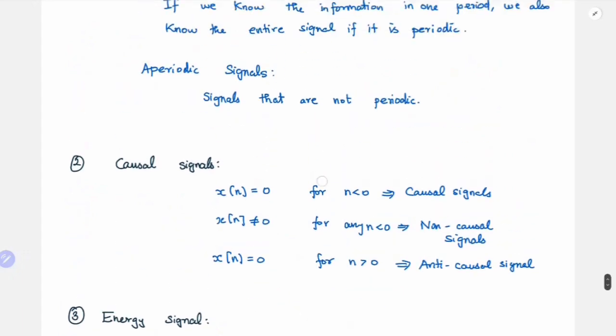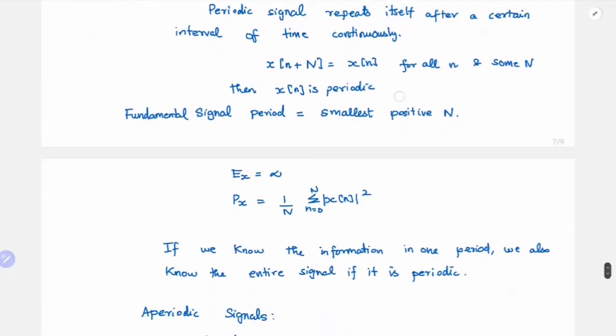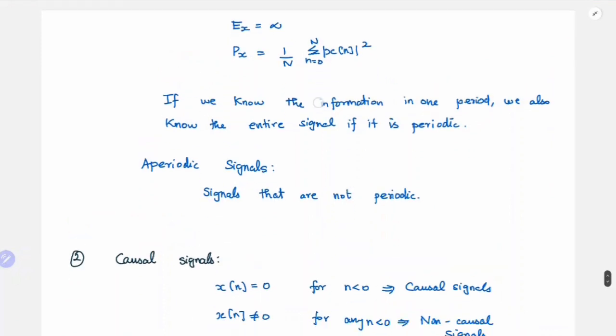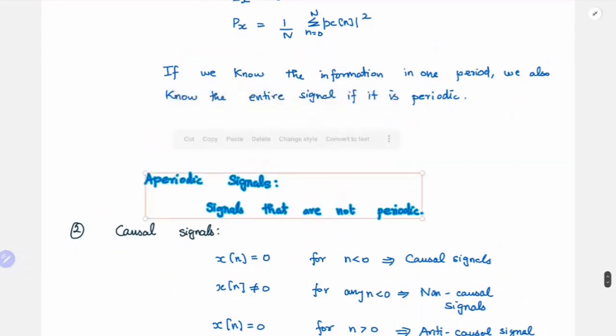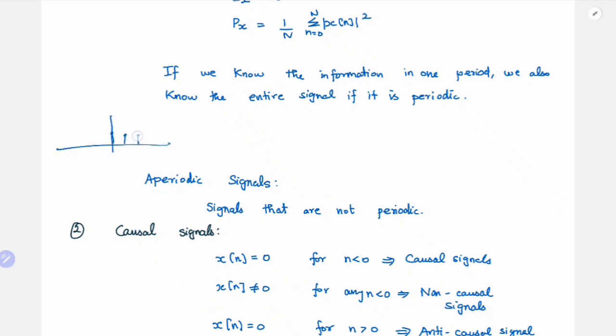Again, another aspect about periodic signals is that it is a power signal, right? And also if you see, for a constant signal, let's say it is a constant signal having amplitude of 2. So in continuous time case, we said the fundamental period is not defined.